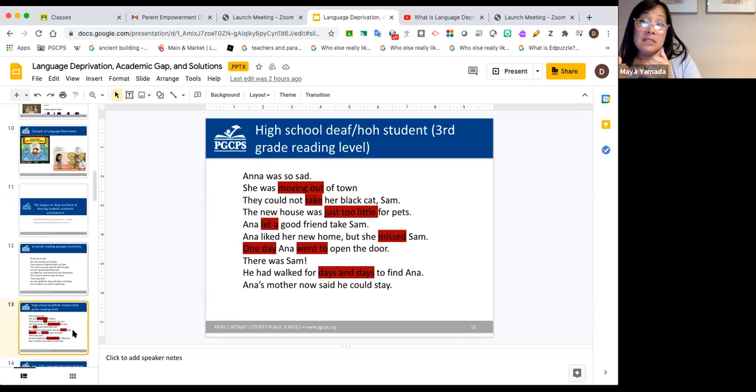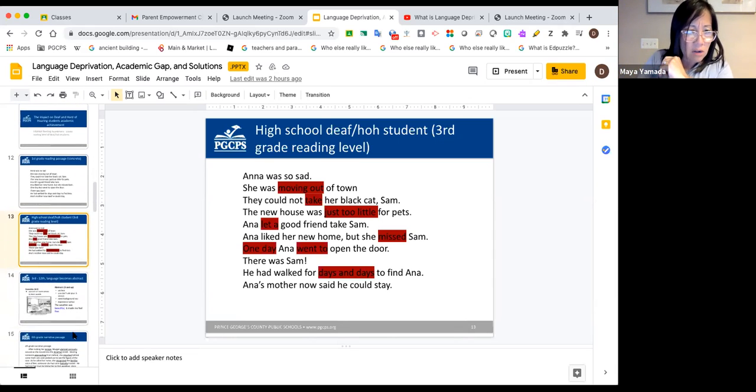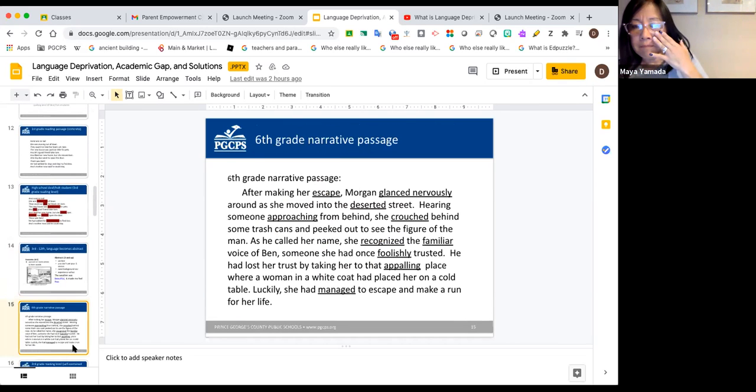So now as we move up to the higher grades, let's go to a 6th grade passage. Let's say the student is in high school and is given a passage from an English teacher. They have to know those words that I underlined. Those words are pretty abstract.